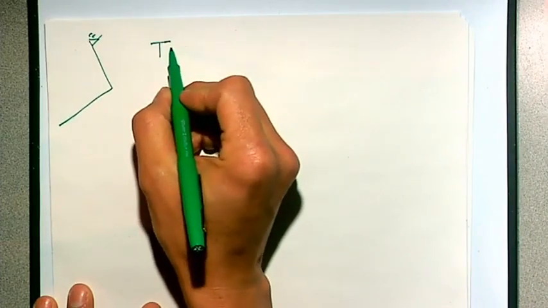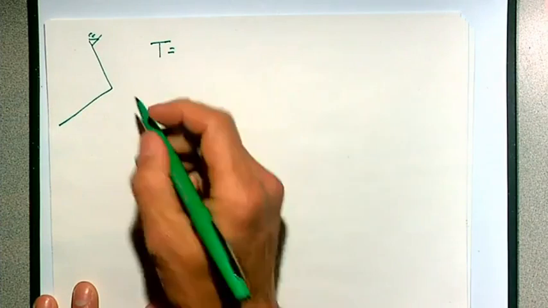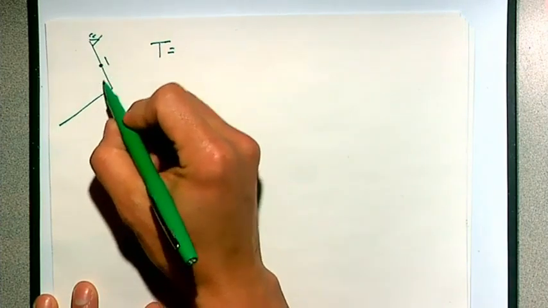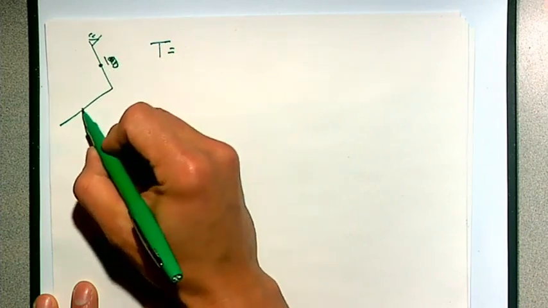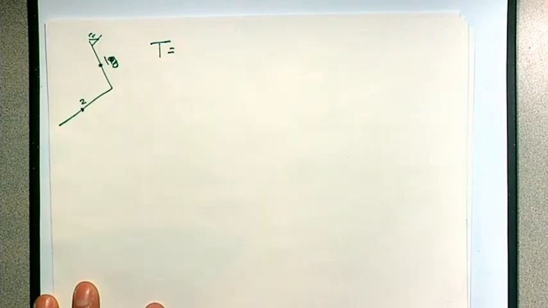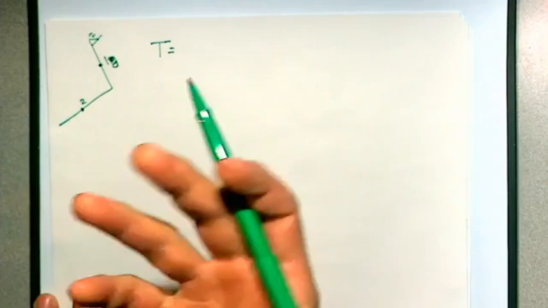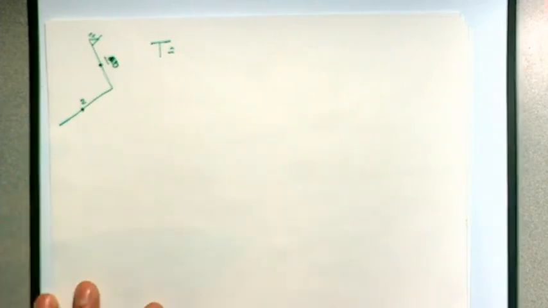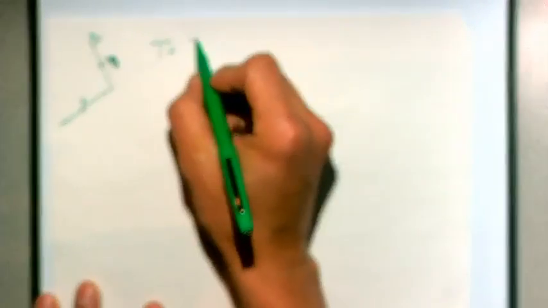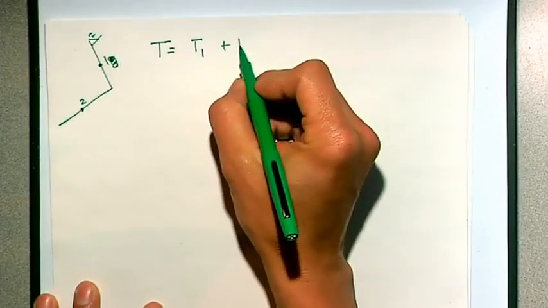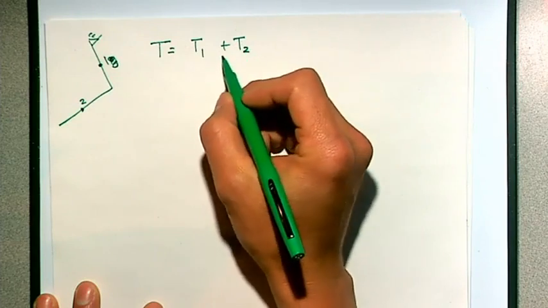We could have said that our kinetic energy term was the combination of the translation and the rotation. This could have been the kinetic energy of bar 1 plus the kinetic energy of bar 2.